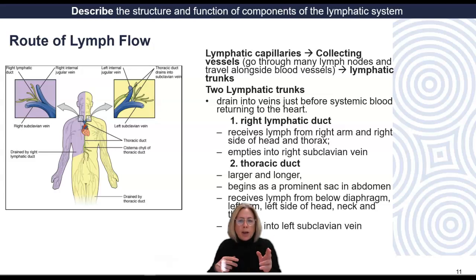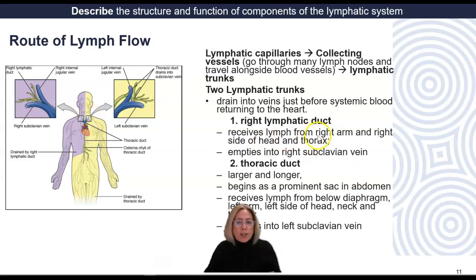Eventually, two lymphatic trunks will collect all of that lymph. And these two lymphatic trunks are the right lymphatic duct and the thoracic duct. And they will drain then into veins just before the systemic blood returns to the right side of the heart. So you can see in this lovely pale purple lilac color here, the parts of the body that are being drained by the right lymphatic duct.